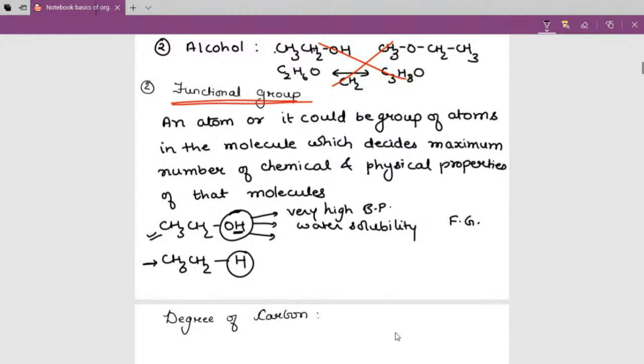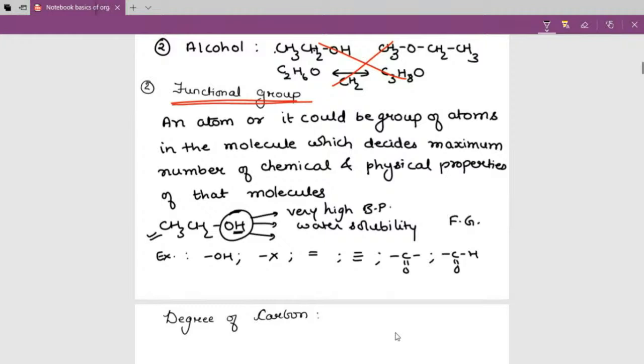There could be so many different types of functional groups. Let me write a few examples of functional groups. Of course, we have said alcohol; it could be halogens. Even alkene and alkyne are also taken as part of functional groups.